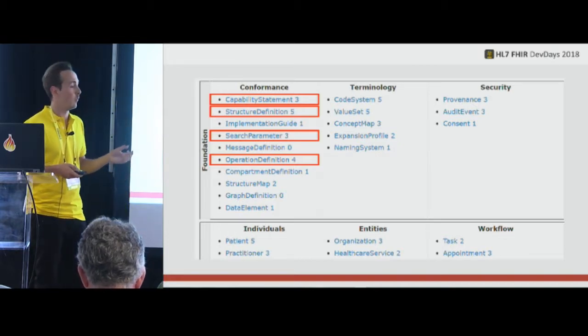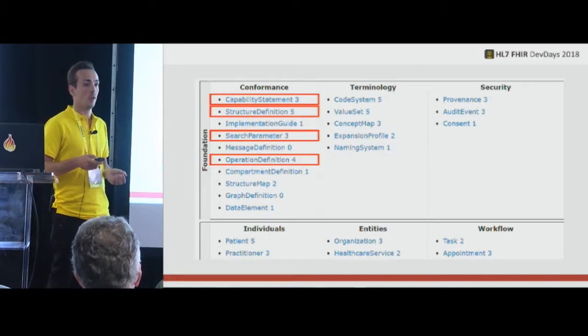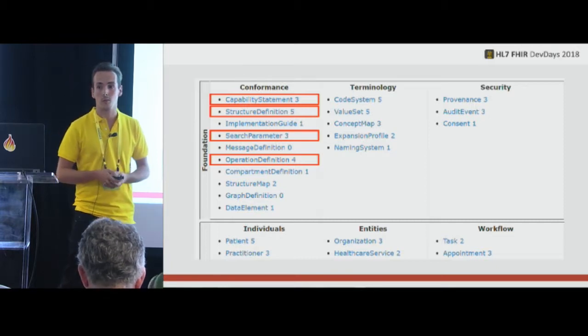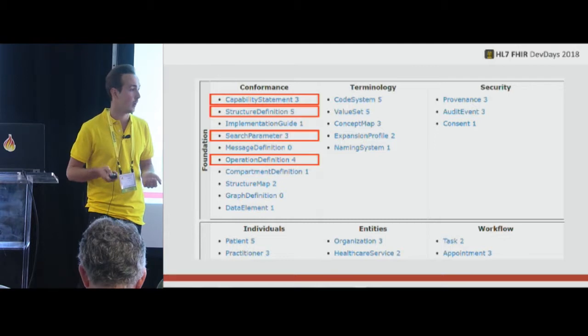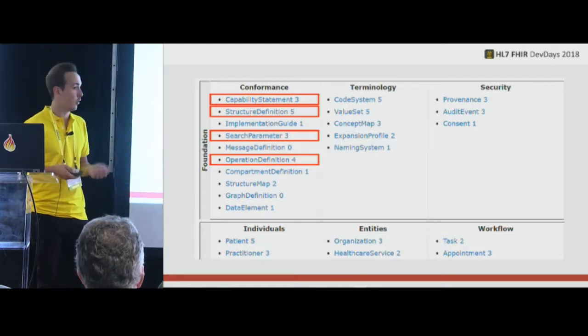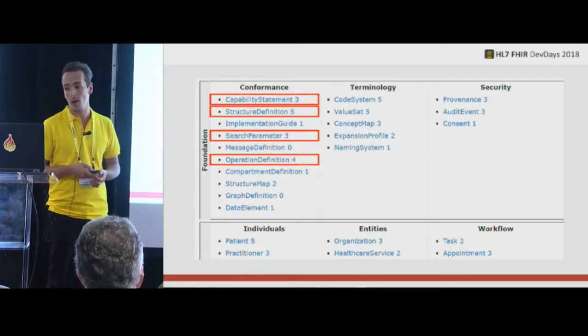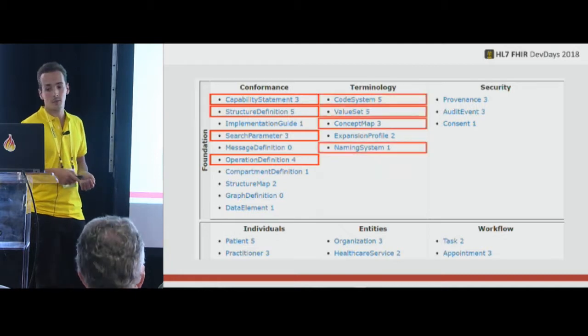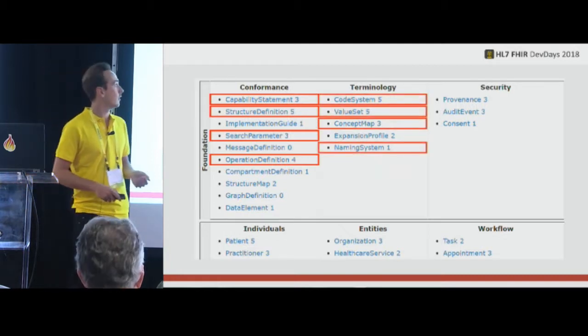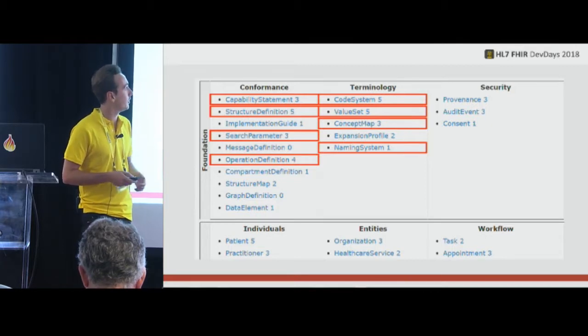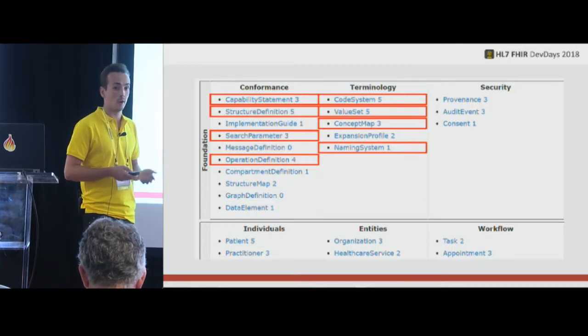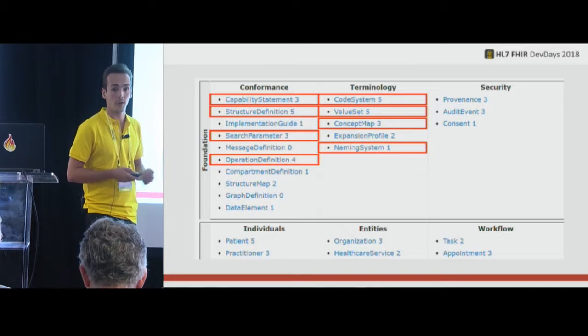But you can also create a capability statement resource where you state the required capabilities of a server or client, so they will know in a structured way how a system should look. Next to the conformance resources, you will put in all your additional terminology resources, which will most likely be these four, when they are defined for or needed for the implementation at hand.